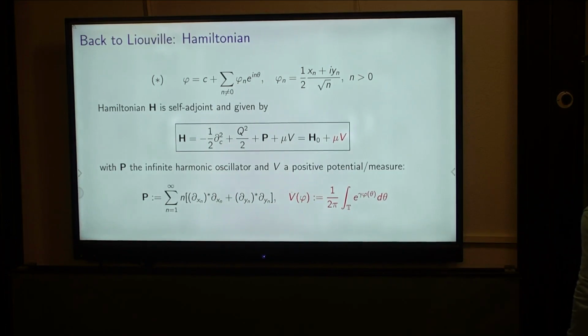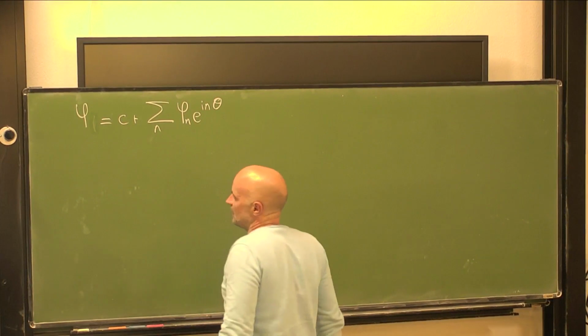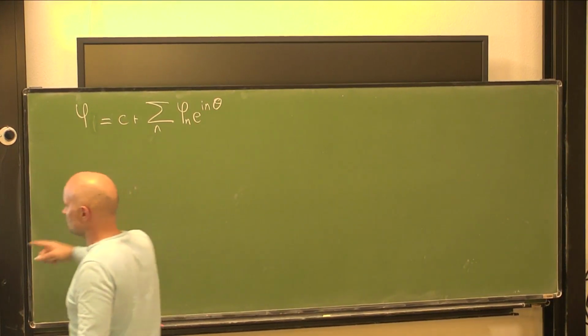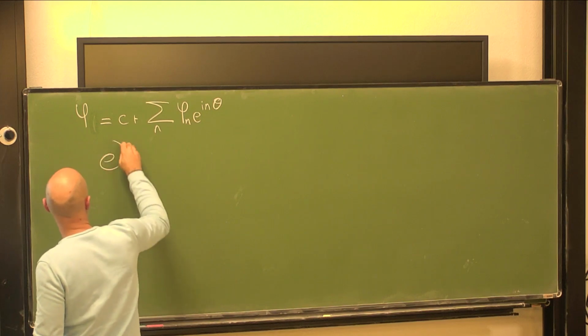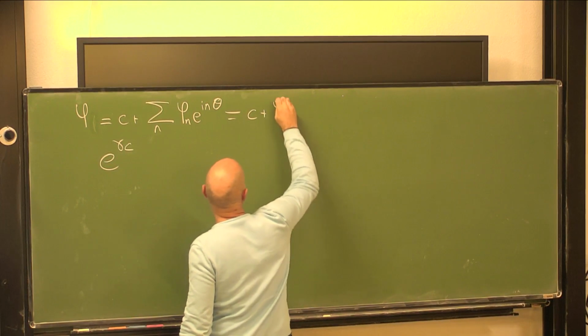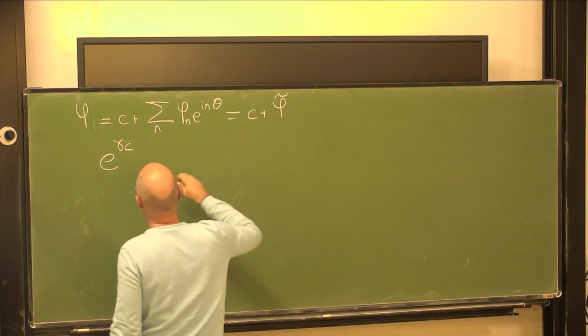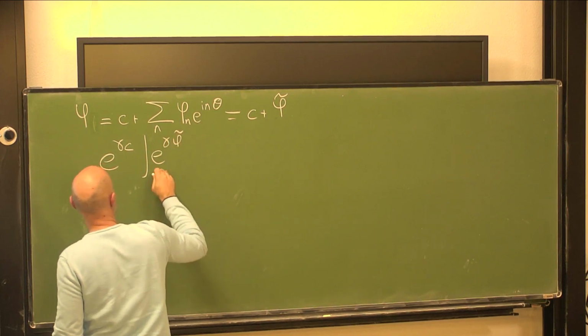It's c plus the sum of all other Fourier coefficients. So when you take the exponential here, you can single out the zero mode. Let me write this as c plus phi tilde, where this guy has no zero mode. And so it's an integral of phi tilde over the circle.